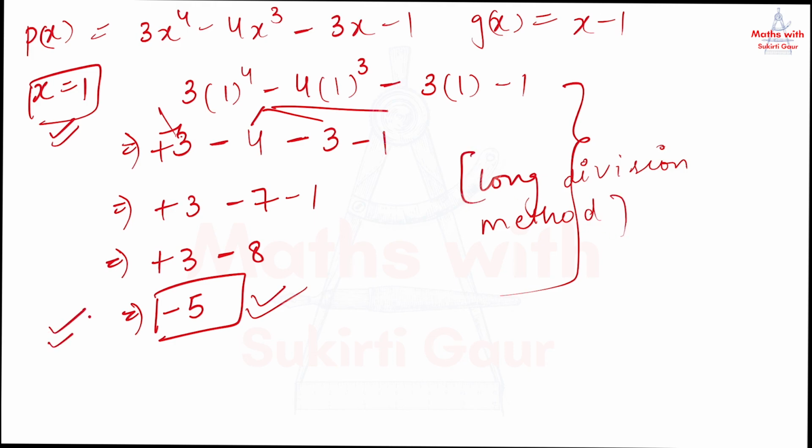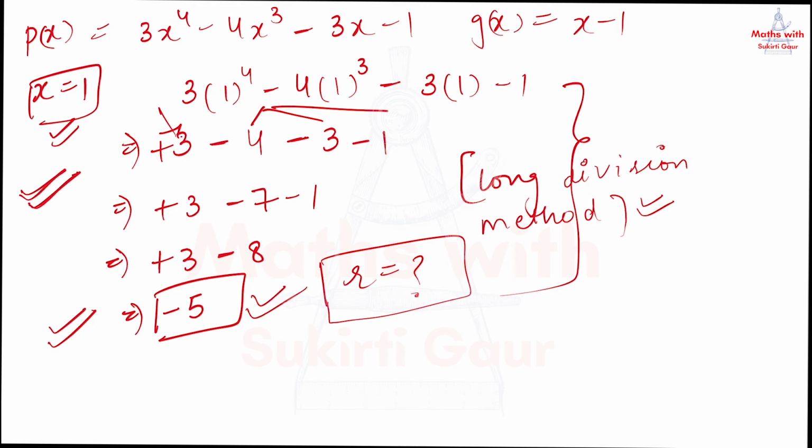So I am not suggesting you to every time do this. It is only for the times when the question has asked us to find the remainder, but the question has not asked us to find it by only division method. Okay, so we are going to use this method, putting the value of 0 of this polynomial in the main dividend, just when the question has asked us to find the remainder.